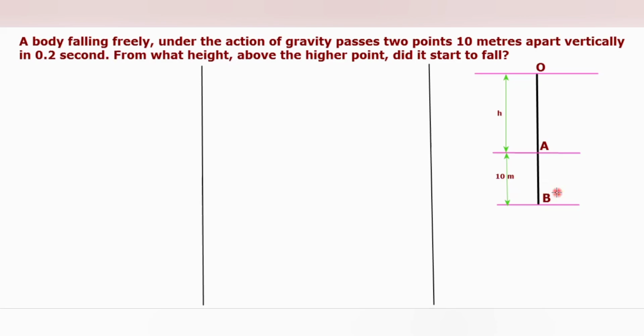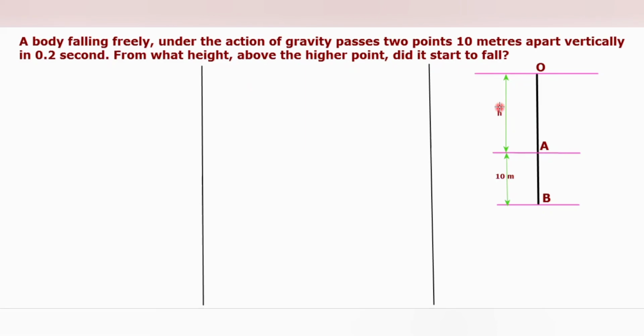Then we have to calculate from that point A, what height above the higher point did it start to fall. That means we have to calculate the distance OA, which we are going to take as H. This motion is the downward motion.